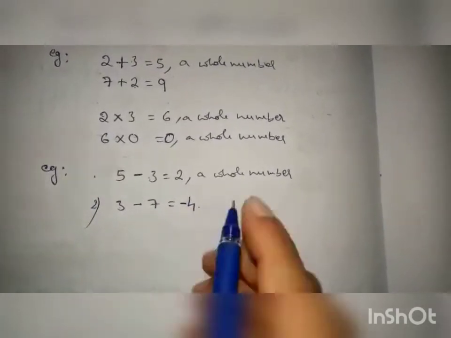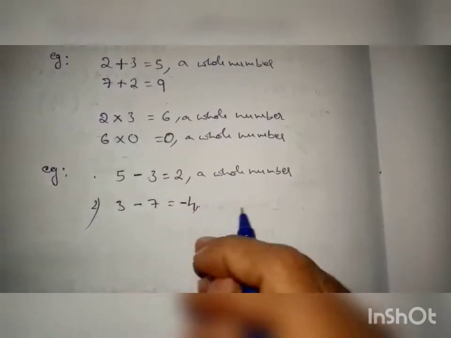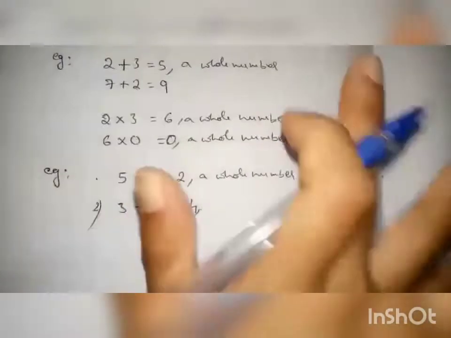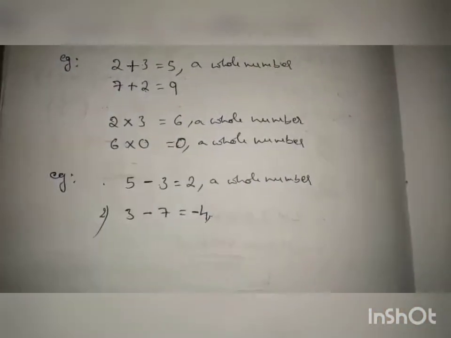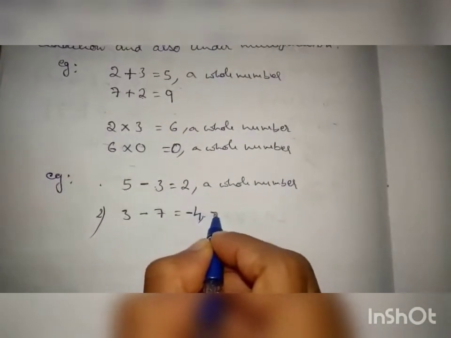This type of number is called an integer. You will study this in the next class. Now we are in whole numbers. So this is what we call an integer, and this is not a whole number.